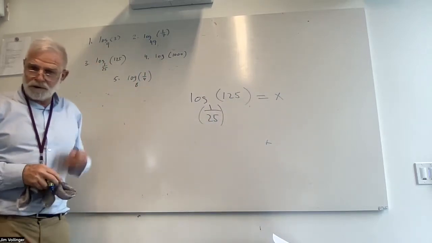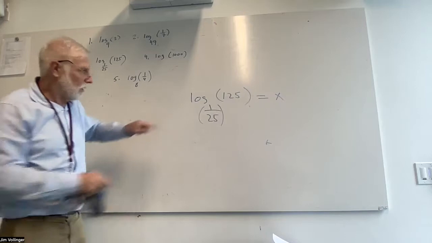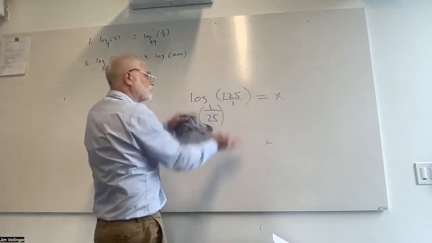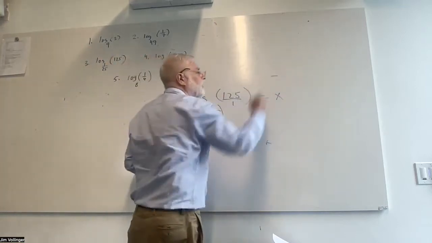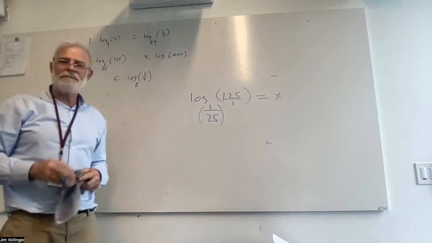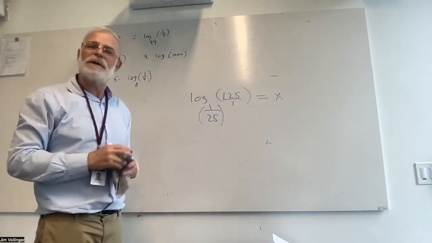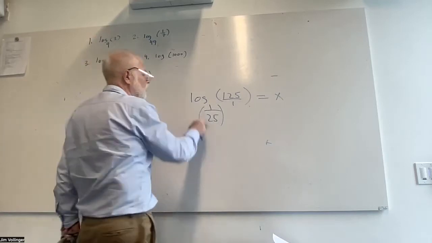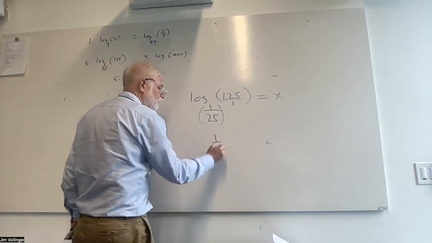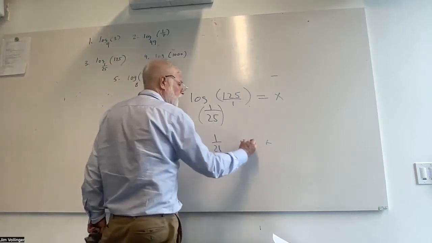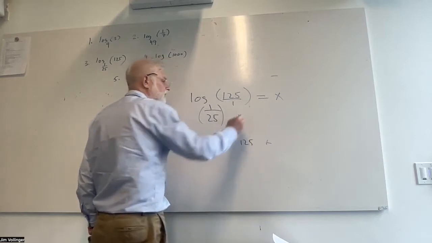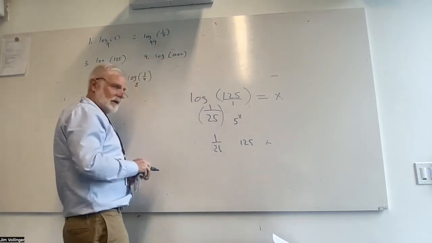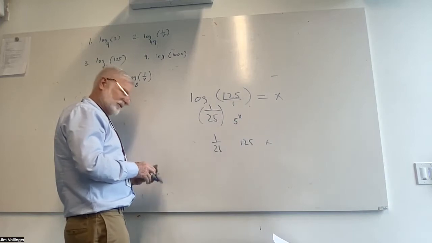I hope your little brain is saying, I'm anticipating a negative, right? Looks like I got a flip. And my little brain is going to try to do it for you right now. So 1/25 and 125 do seem to share a 5 to the x mentality. Yes, it's late on a Friday. This could get very strange.